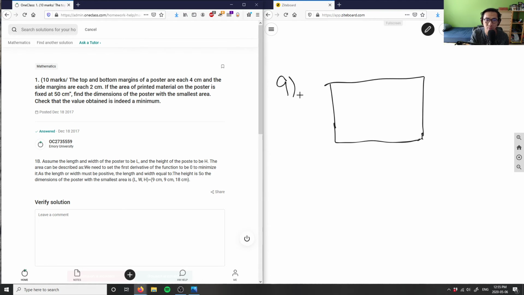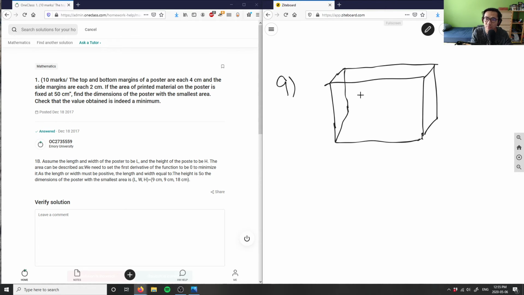But what we're going to have to do is basically figure out the height here as well. So I guess this is in 3 dimensions, I'm assuming. If you have something like this, it's kind of in 3 dimensions here. So again, you have the length, the width, and the height.